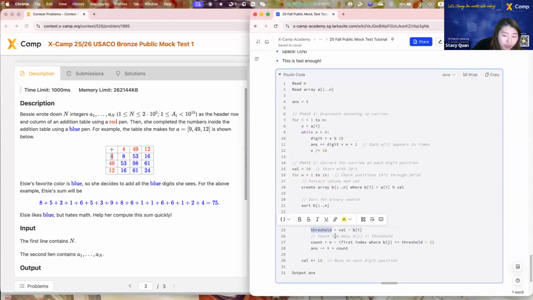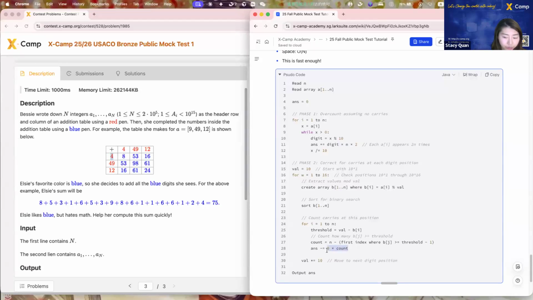This threshold will cause a carry. So I want to find the lower bound function from binary search, which will give you the index of the first number that is greater or equal to the threshold. And then the count is going to be n minus the index, plus 1. And then that's exactly how many carries could happen.